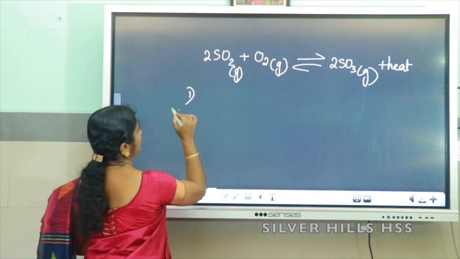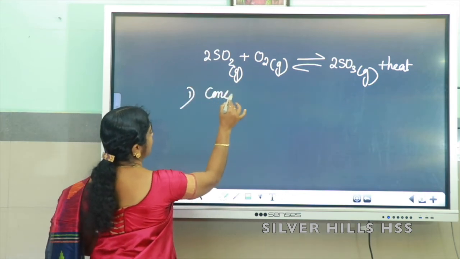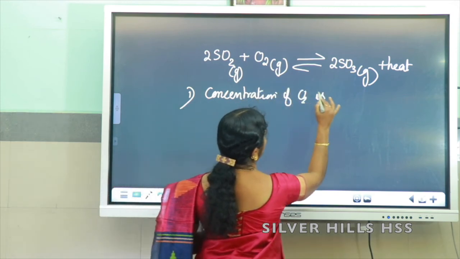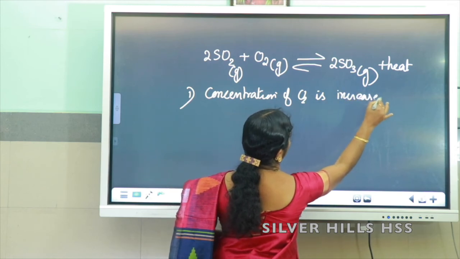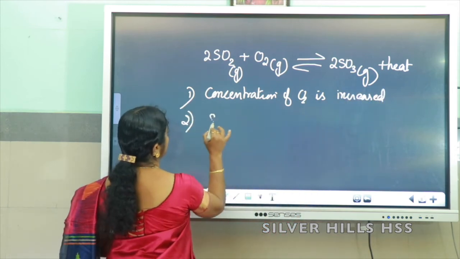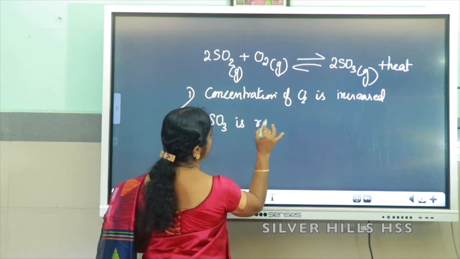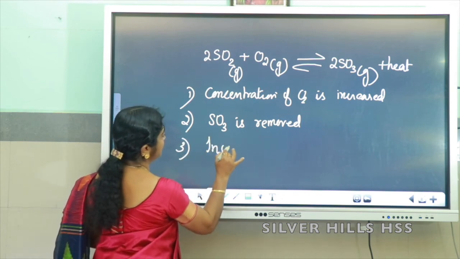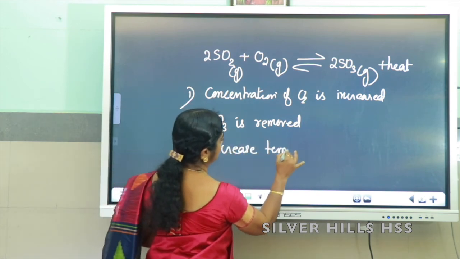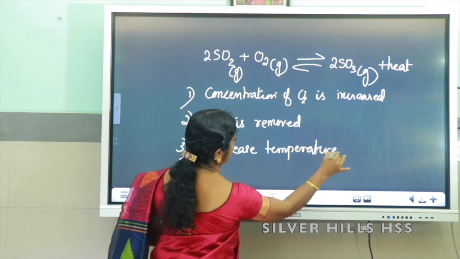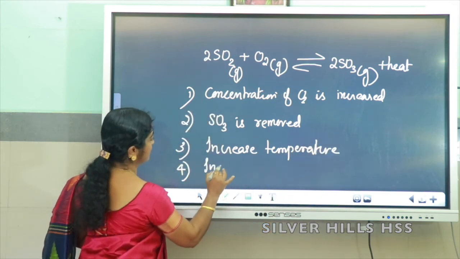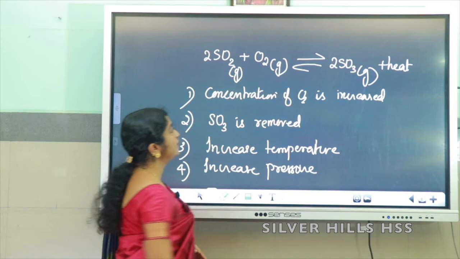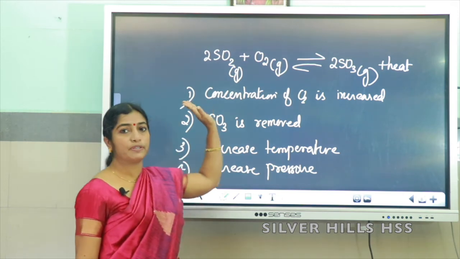The factors are: the amount or concentration of oxygen is increased; sulfur trioxide is removed from the system; increased temperature; then increased pressure.